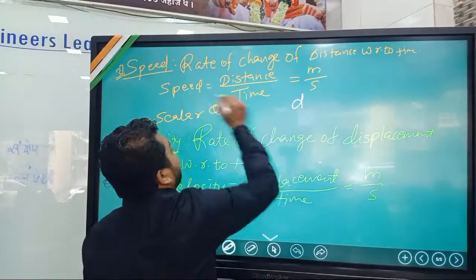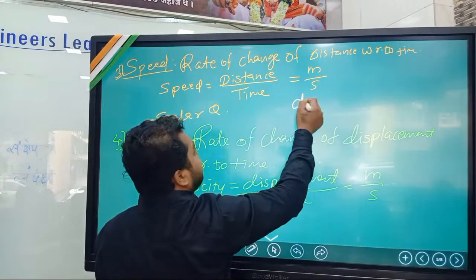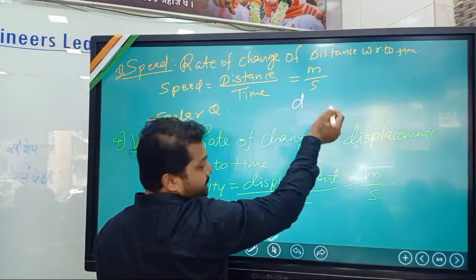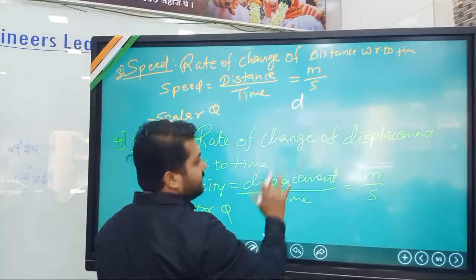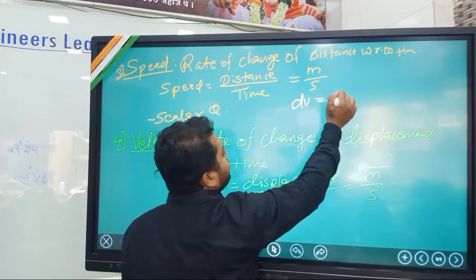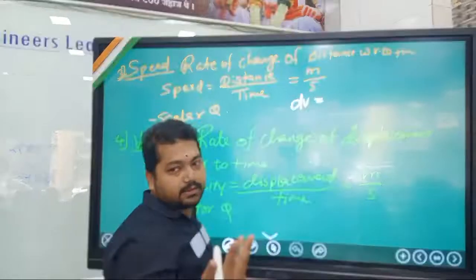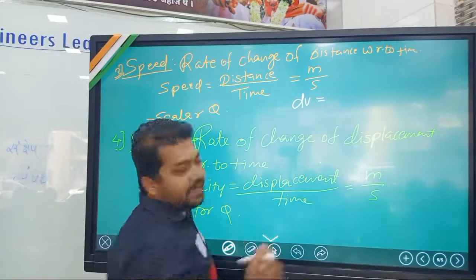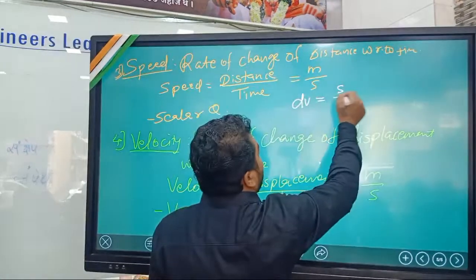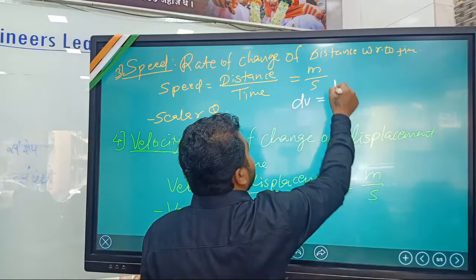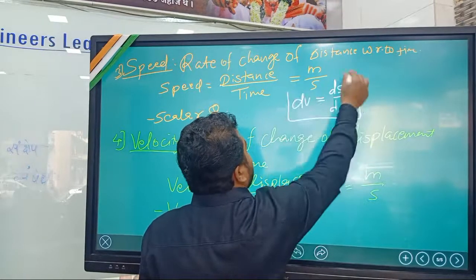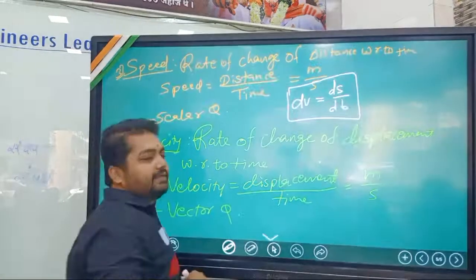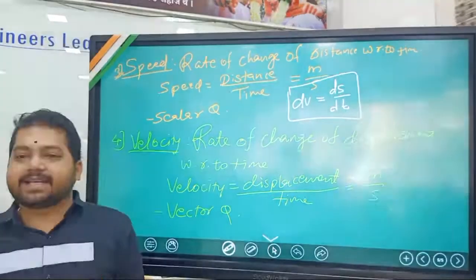So if I write ds or d speed or dv, let us take, I will write dv, velocity. dv is equal to what? Displacement upon time. So s upon t. So that is ds by dt. dv is equal to ds by dt.